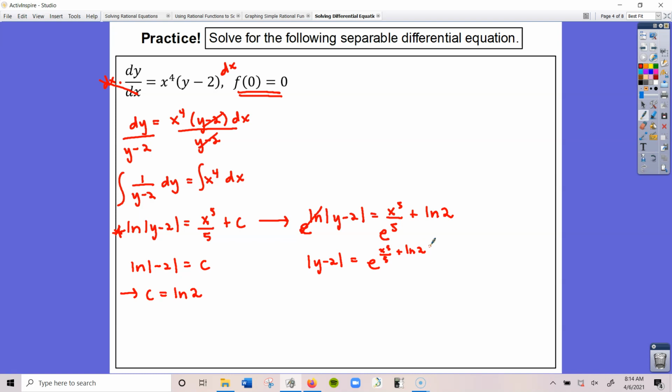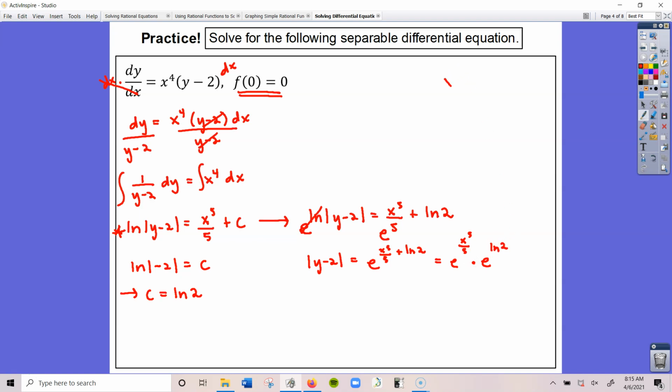Now, before we continue solving this, it's important to note that when you look at anything raised to an exponent and you have a function that is basically being added, that means that we would have had e raised to the x to the fifth over 5 times e to the ln of 2.